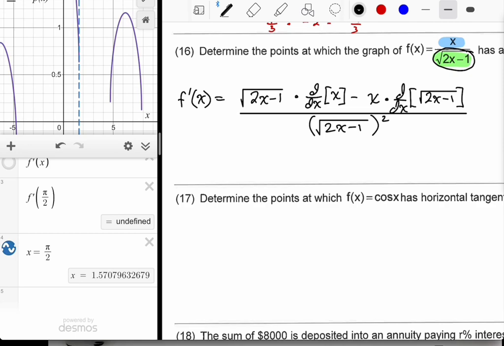And away we go. And so this is what we have to simplify. Parts of it will be nice and easy, and parts of it will be not that.